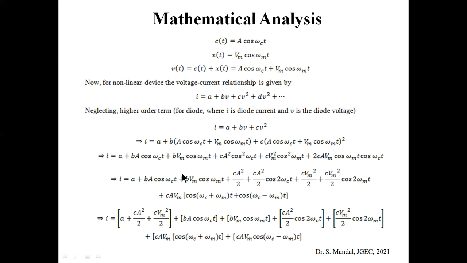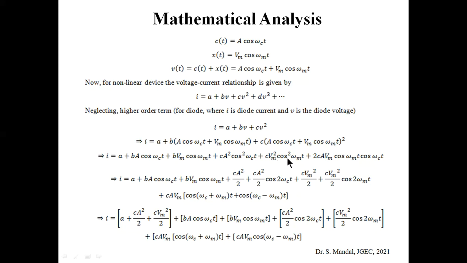Now this is the cos square omega ct term. So you can express cos square omega ct as 1 plus cos 2 omega ct, just to express the higher order omega ct term in terms of harmonics of omega c. So c A square cos square omega ct can be written as c A square by 2 plus c A square by 2 into cos 2 omega ct.